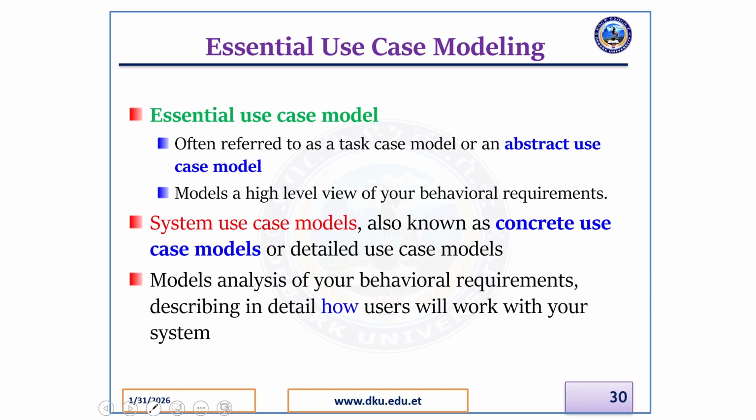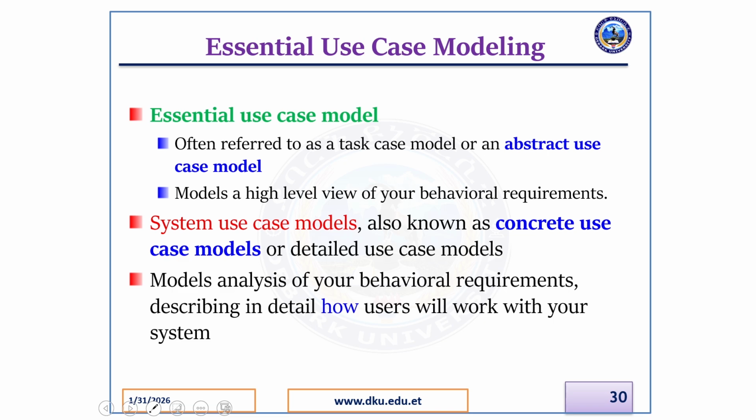Let's discuss essential use case modeling. Essential use case modeling is often referred to as a task case model or an abstract use case model. It models a high-level view of your behavioral requirements.